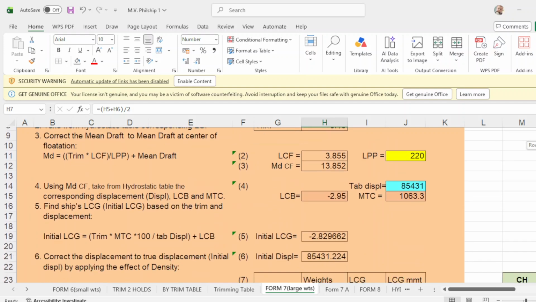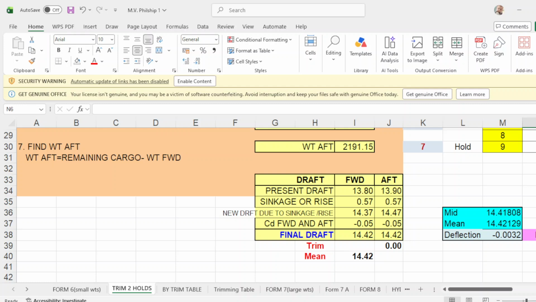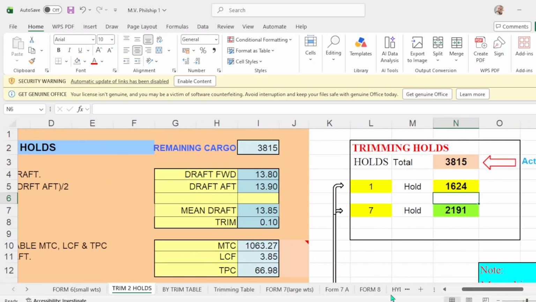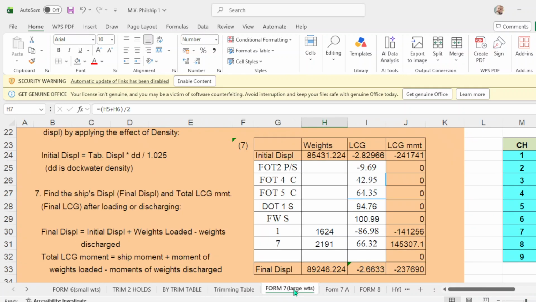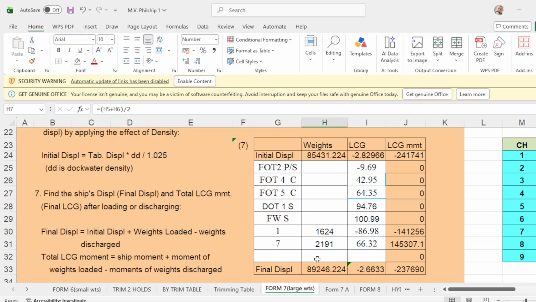Scroll down. Then apply the cargo to load. Your trimming holds are 1 and 7. And cargo to load in number 1 is 1624, and number 7 is 2191.